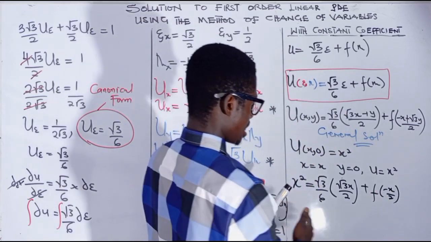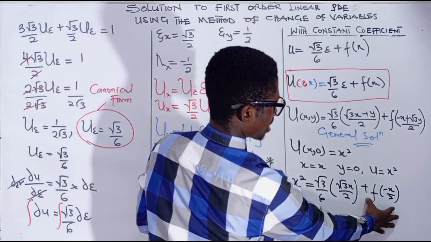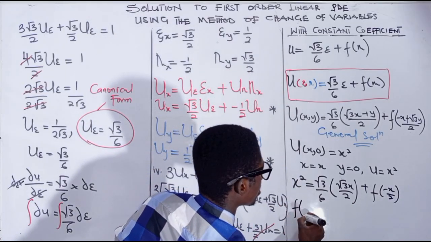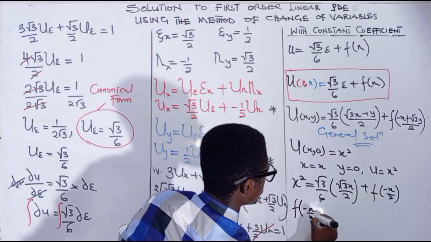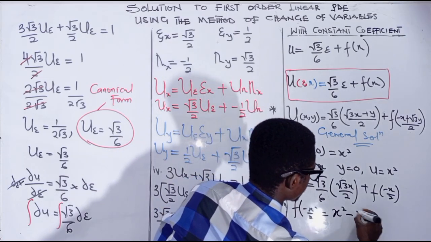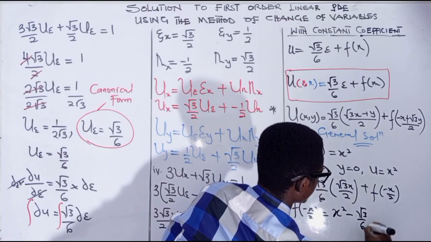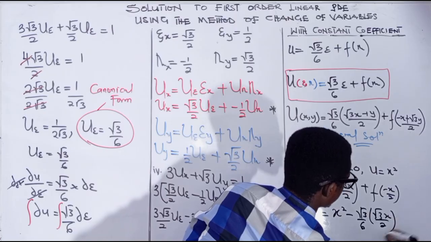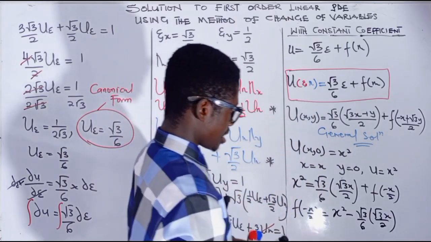Very, very easy and simple. Let's make f at minus s over 2 the subject. So we are going to have f at minus s over 2 is equal to s squared minus this. Very, very easy and simple.